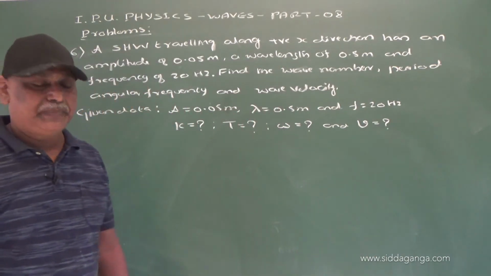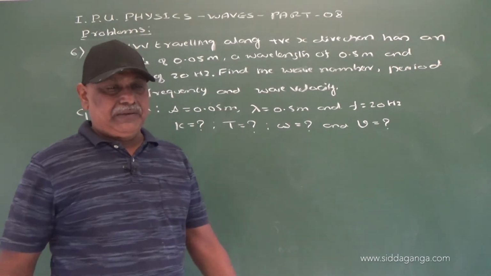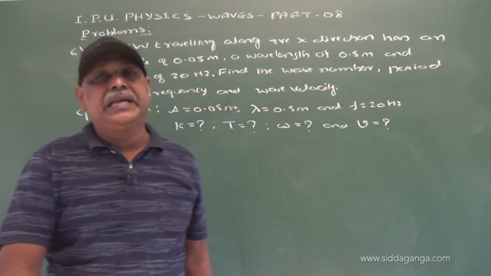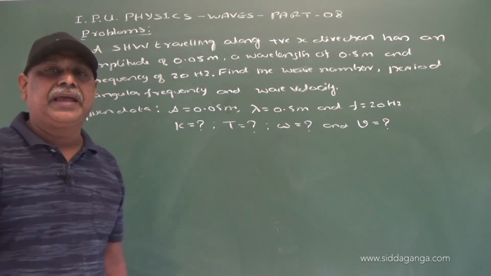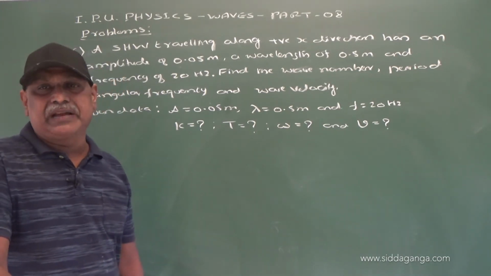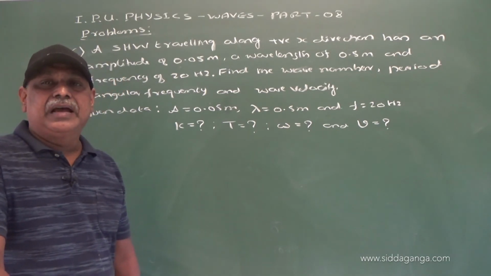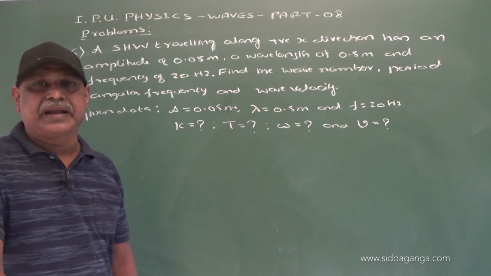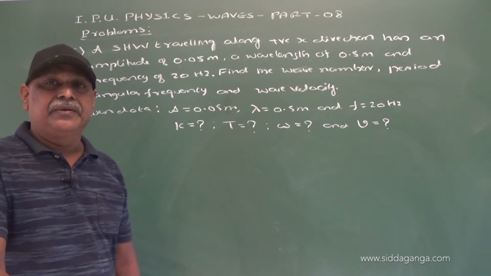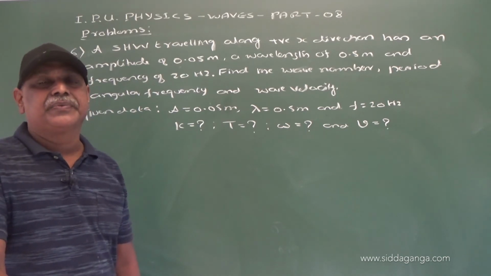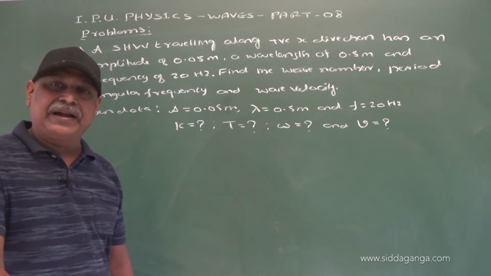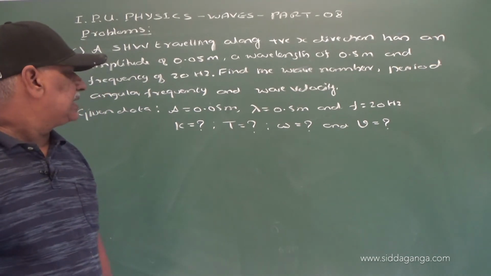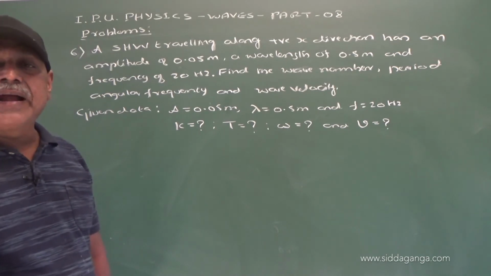So here in the problem we have given a simple harmonic wave and its wave parameters, like frequency, wavelength and amplitude. Using that we need to find the other parameters of the wave, that is k, T, omega and v.